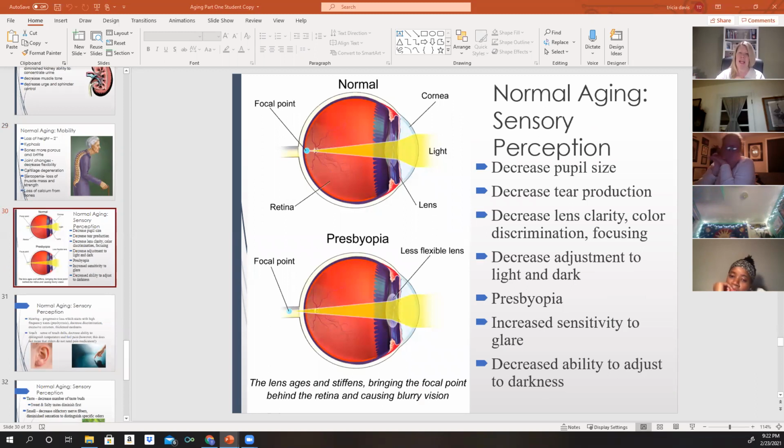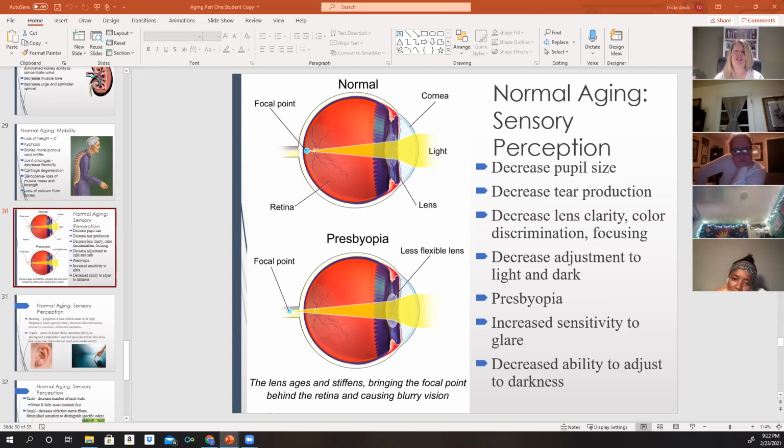So our normal age-related changes for sensory perception. We're going to have a decreased pupil size. They're going to have decreased tear production. Older adults, not everyone, but a lot of times, complain about their eyes being very dry. You're going to have a decrease in lens clarity, in being able to discriminate different colors and being able to focus.